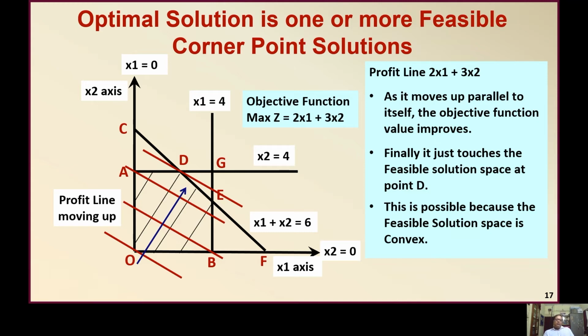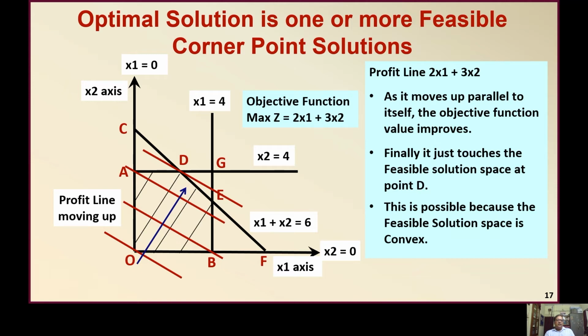The very nature of the solution space is that it is a convex shape. Because of that, as we move the profit line, when the profit line is just moving out of the solution space, it will touch at a single point.